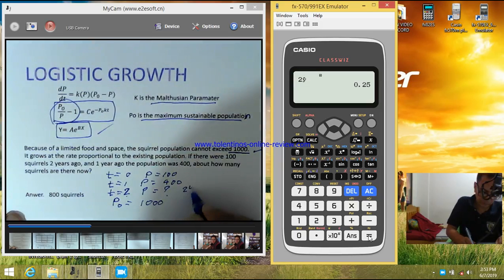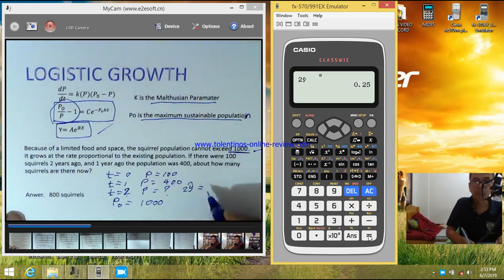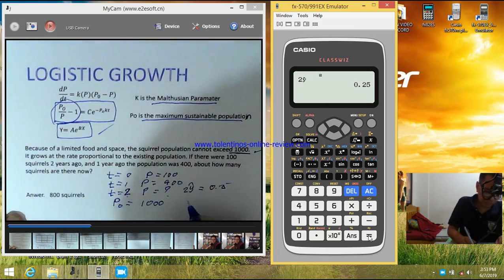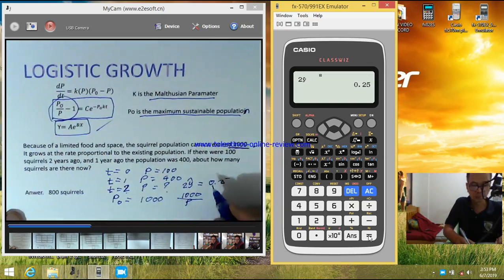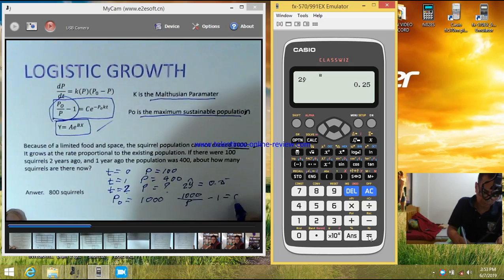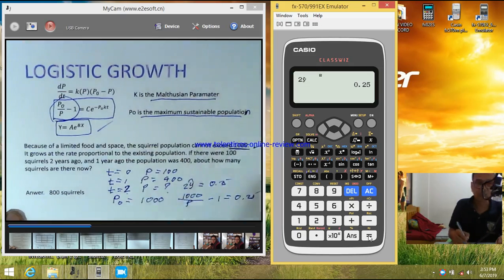is equal to 0.25. But remember that your y hat is the same as P sub O, which is 1,000 divided by P, minus 1, is equal to 0.25.